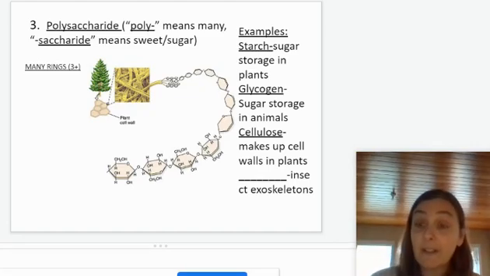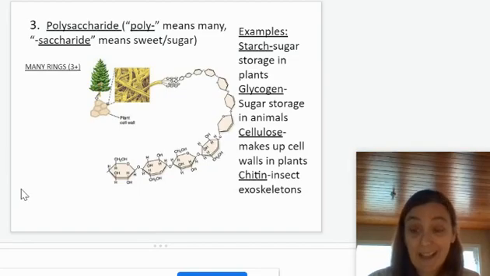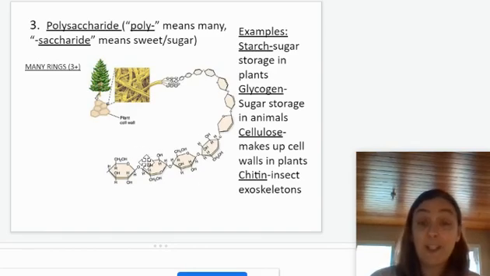So it's very rigid. And there's a similar thing in insects. Insects have a polysaccharide, many, many rings hooked together that can make something called chitin that makes the exoskeleton. So when you look at a grasshopper or another bug, it's got this shell on the outside. That's a carbohydrate. It's really sugars hooked together in a different way.